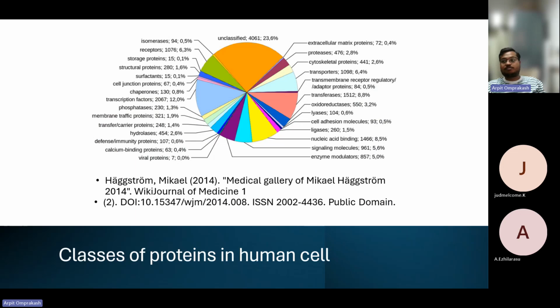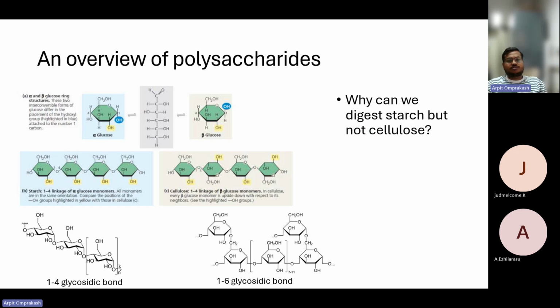For example, proteins can be storage proteins, or provide structure as structural proteins. They can be surfactants or cytoskeletal proteins, which provide structure to the cytoskeleton of the cell and so on. That was all that was taught in the first lecture.